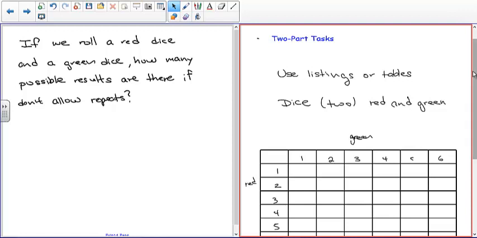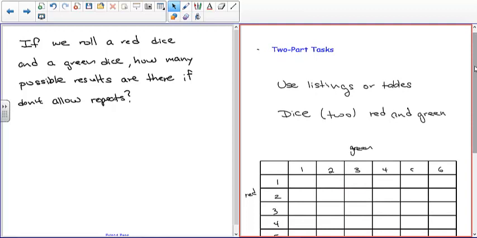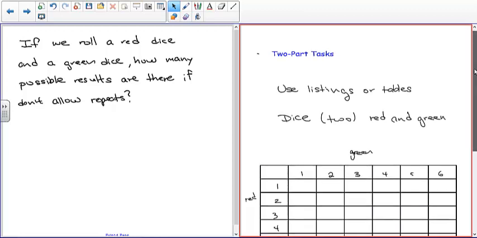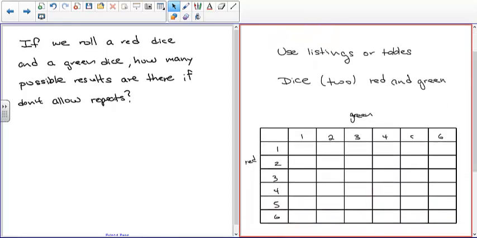And what it means when it says repeats is that 1 on a red and 1 on a green doesn't count. So if you have 1 on a red and a 2 on a green, and then a 2 on a red and a 1 on a green, those are not repeats because they're different numbers. Okay, so what we're going to do is list all the possibilities, and then we'll limit it based upon the description that they're talking about.